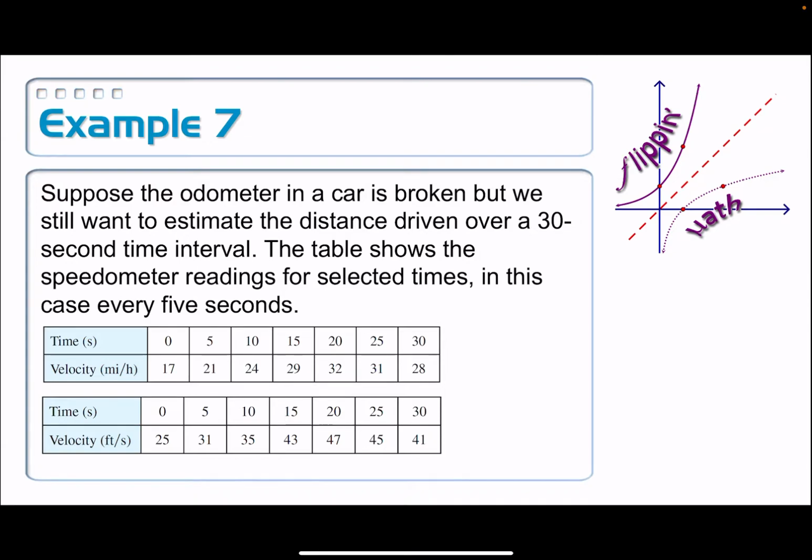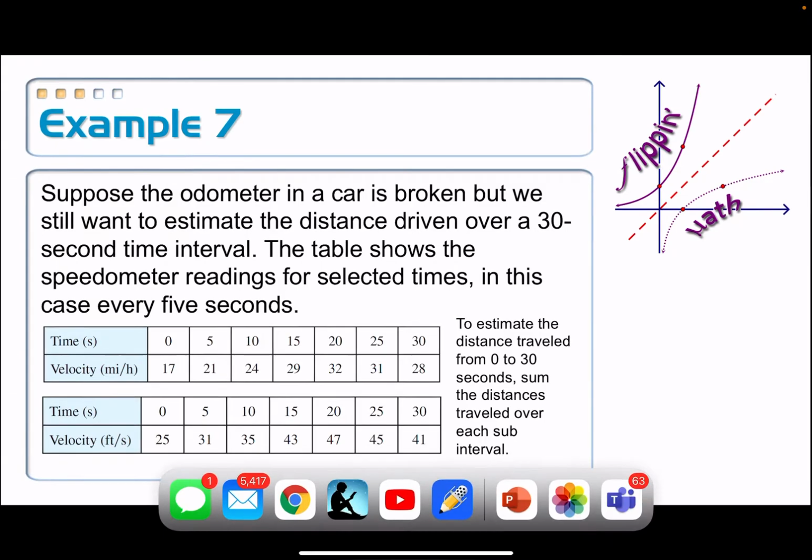Well, think about back in grade school, the distance equals the rate times the time equation. I can just multiply a rate times a time, a velocity times a time, and I should be able to get a distance. And what I'm going to do is total up distances over each of these 5-second subintervals here.